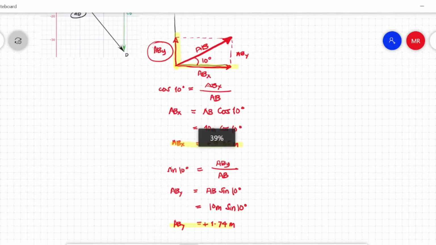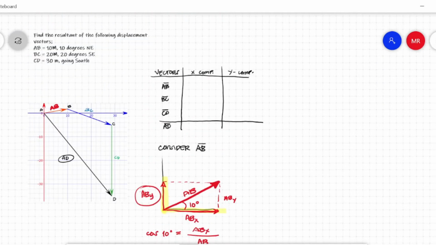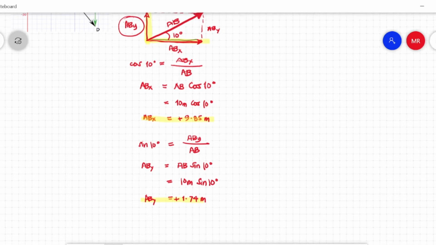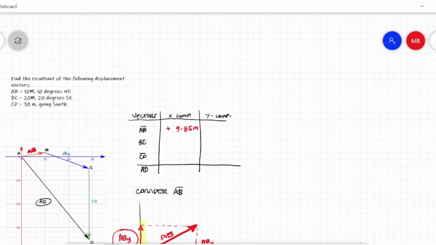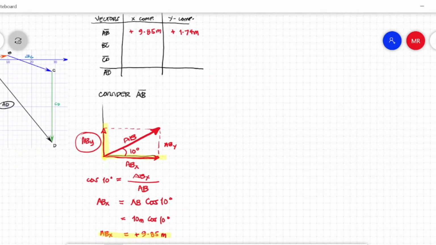Let's put this on our table. ABX is positive 9.85 meters and ABY is positive 1.74 meters.